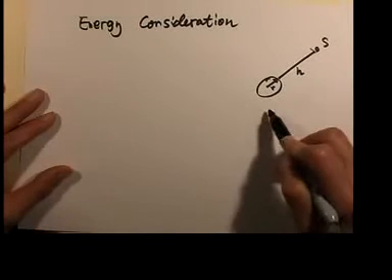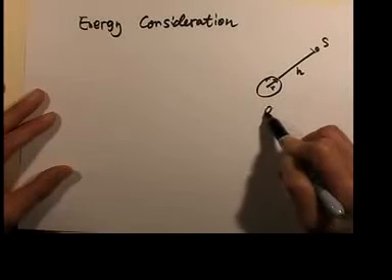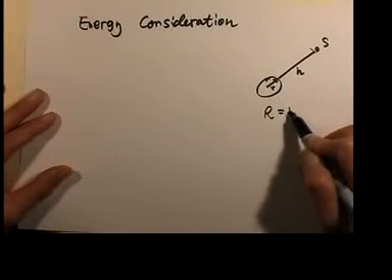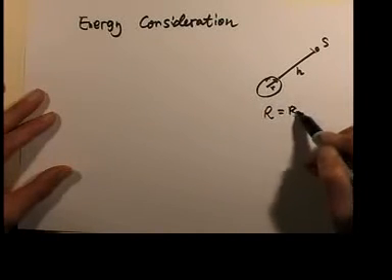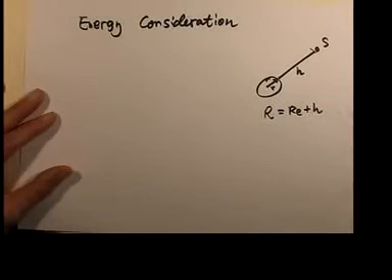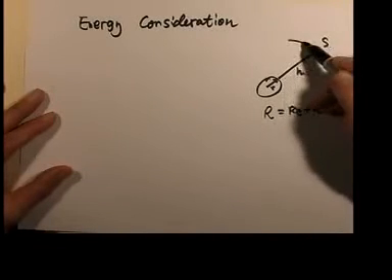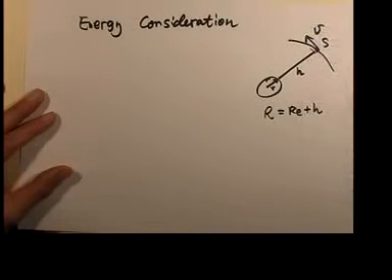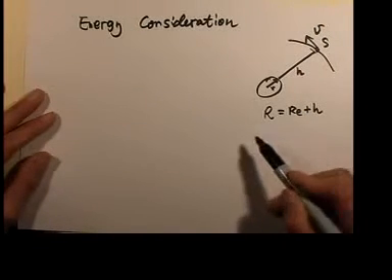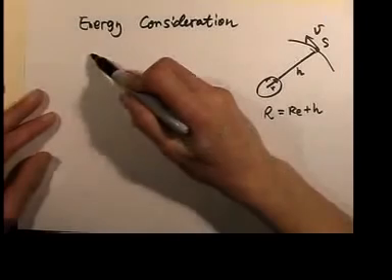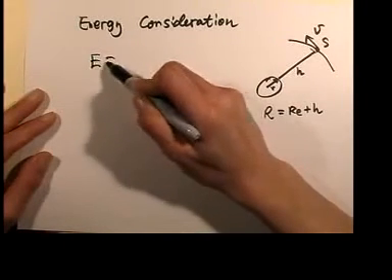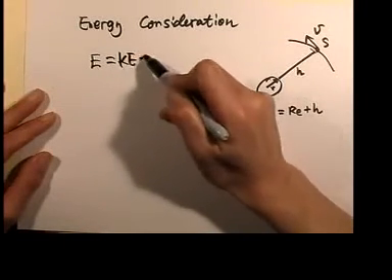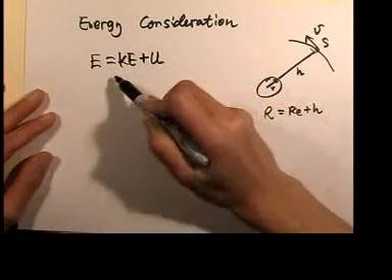The definition of its orbital radius is the radius of the Earth plus the altitude h. And if it's in a circular orbit, the tangential velocity is v. The total energy of the satellite, E, equals kinetic energy plus its potential energy.